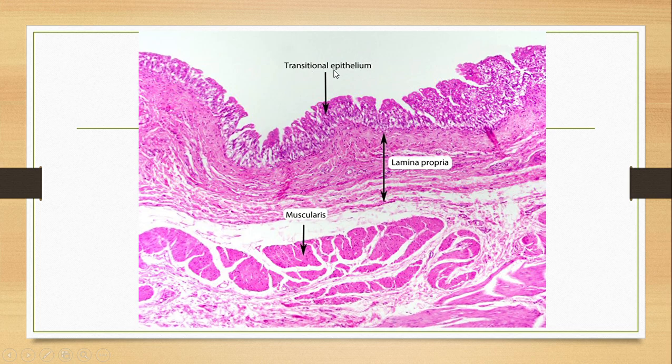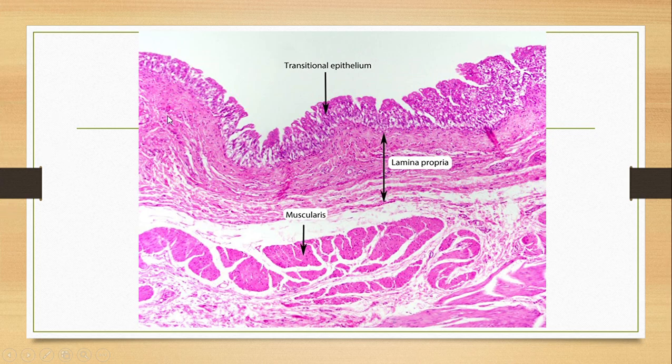This is the transitional epithelium, the lining epithelium, which is also folded because it is a distensible organ. This epithelium is a wear and tear epithelium, and it has an expandable capacity, so the mucosa over the lamina propria is folded on itself, because only in a filled state will this mucosa be straight.